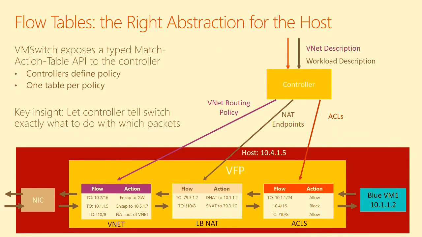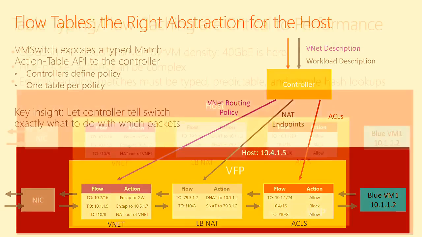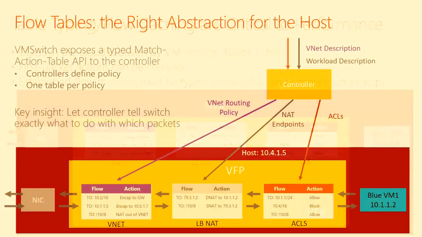And then the next layer, the VFP layer, has the load balancer. If you have a VIP to DIP conversion, it also goes through and configures those tables from the controller to the load balancer NAT layer. And then the third one is the ACL, where you have the access control list.